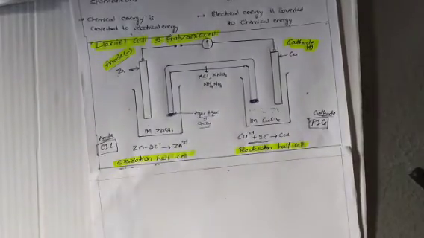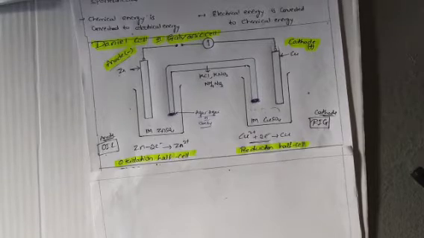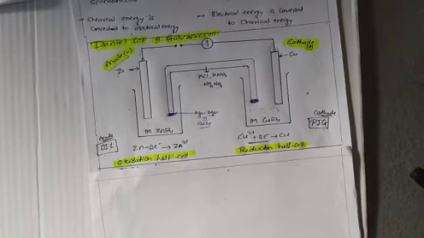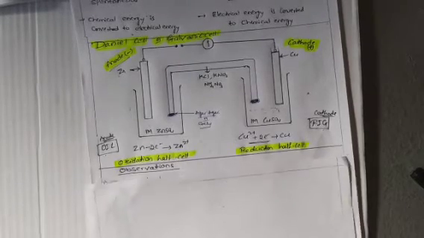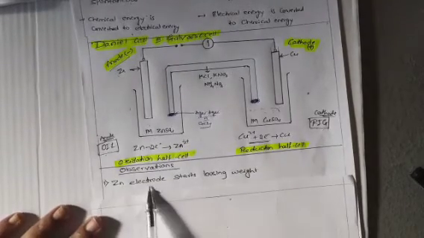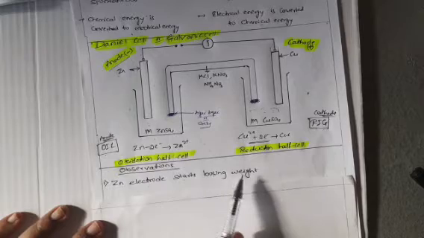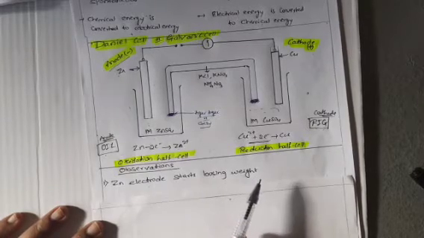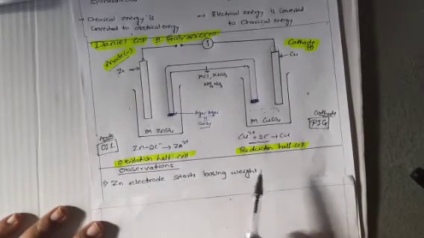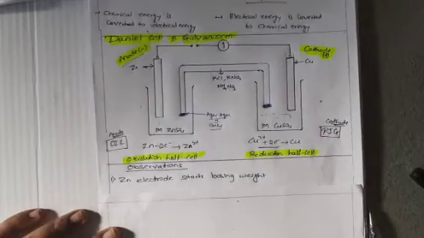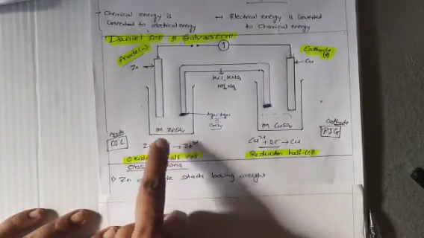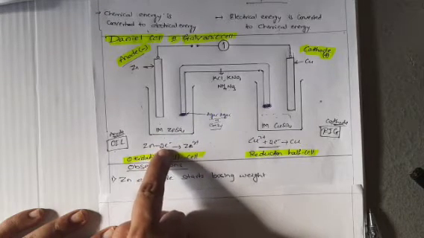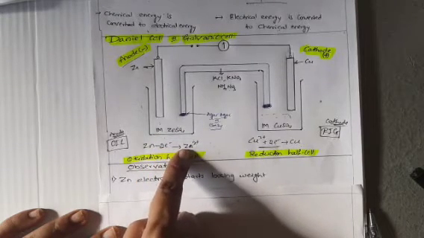So what are the observations we are seeing in this cell? Let us see. The first observation is that the zinc electrode starts losing weight. Why is it saying the zinc electrode starts losing weight? You have seen in this reaction that Zn loses 2 electrons and is converted into Zn2+.